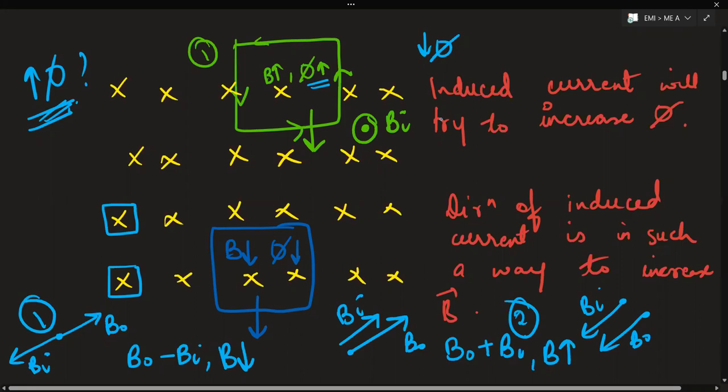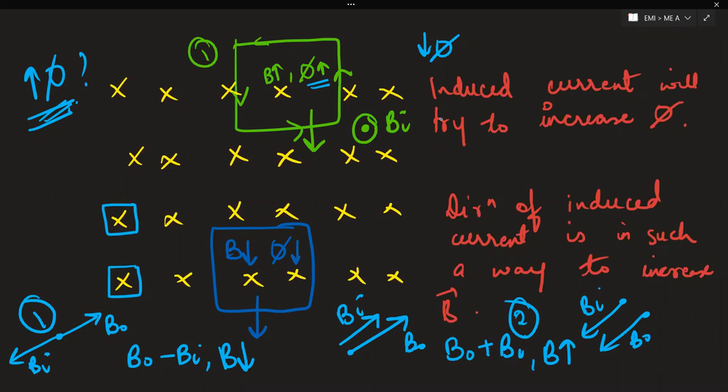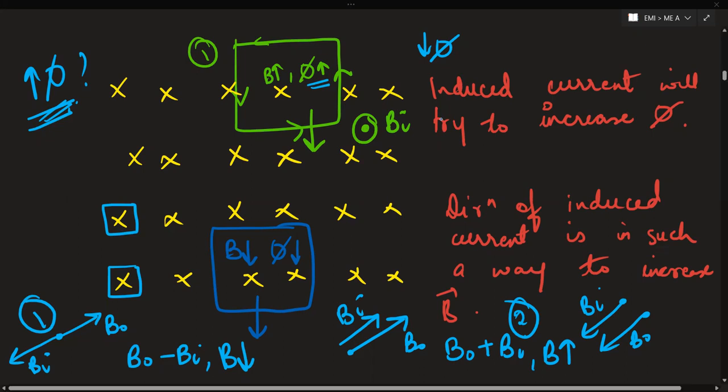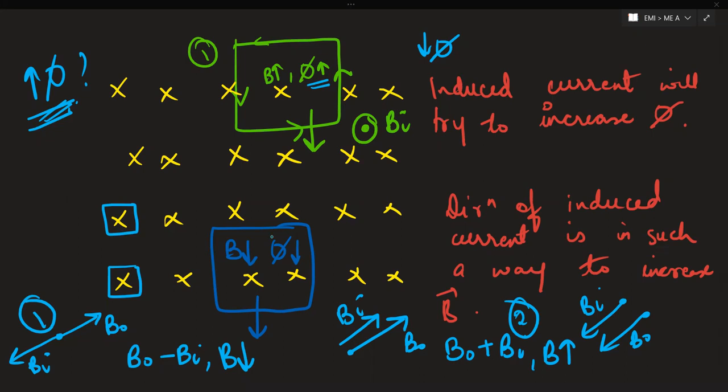First option is either you can choose the magnetic field in the opposite direction to decrease field, or you can choose both the magnetic fields in the same direction to increase field. What should we choose out of 1 and 2 here in this case? Exactly, Razan. Somebody else is also answering.